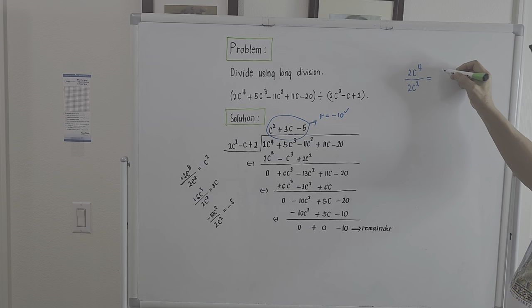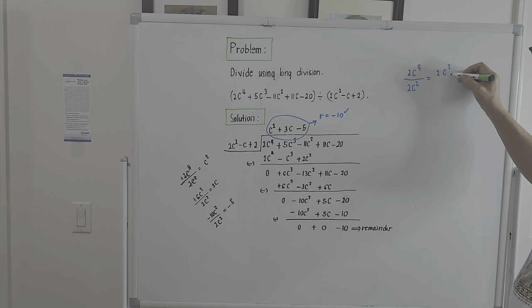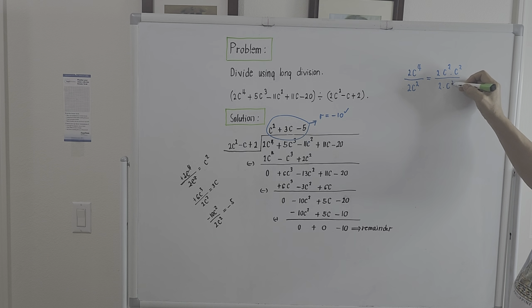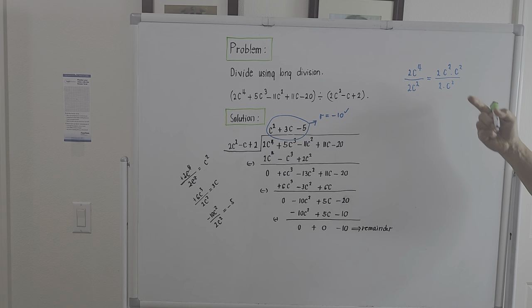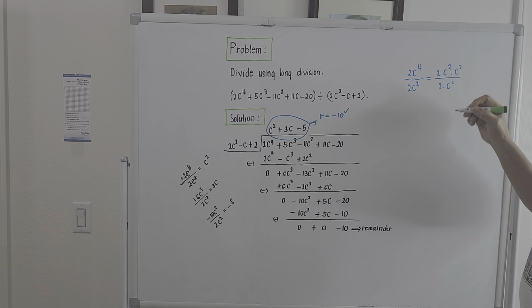Like what I said, it involves laws of exponents. C to the fourth is actually c squared times c squared, all over 2 times c squared. The operations here are all multiplication, so we are free to cancel, right?